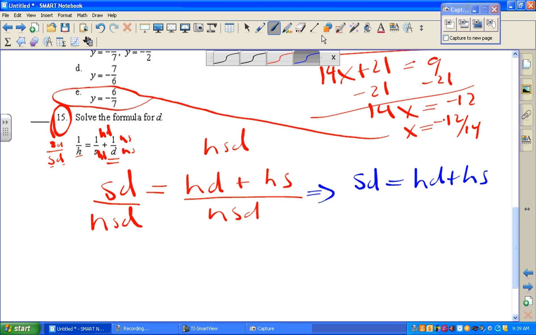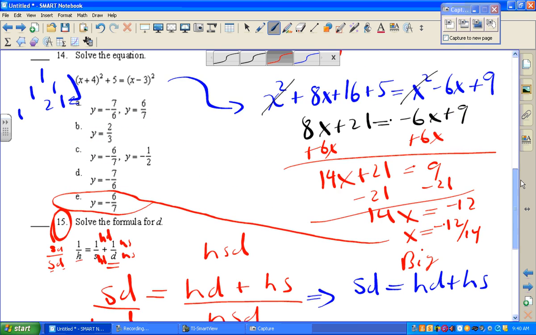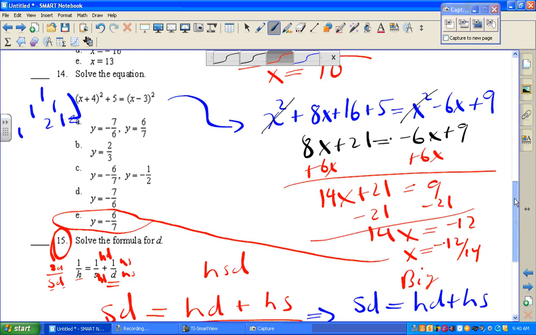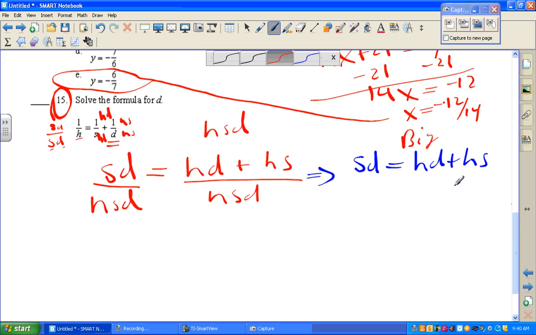You have to go big. You have to get all the variables on the same side. Every time we had variables on 2 different sides, we went big and got them on the same side. There's a D here and a D here. Yeah, go big. SD minus HD equals HS.